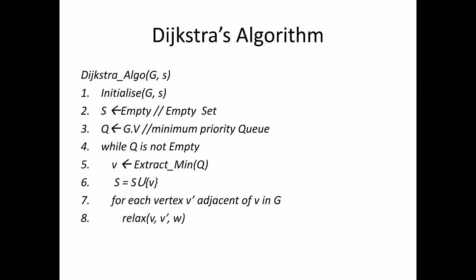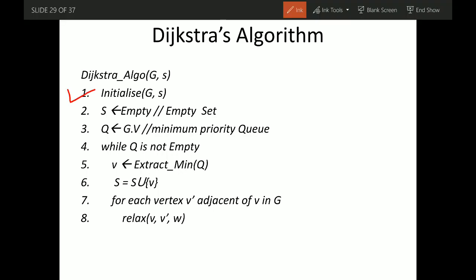So step number 1, which is common, we initialize all the vertices in the graph. That is, we calculate two things for all the vertices, that is v dot d value and v dot pi. Initially v dot d value for all the vertices we assign infinity, and v dot pi value to nil.